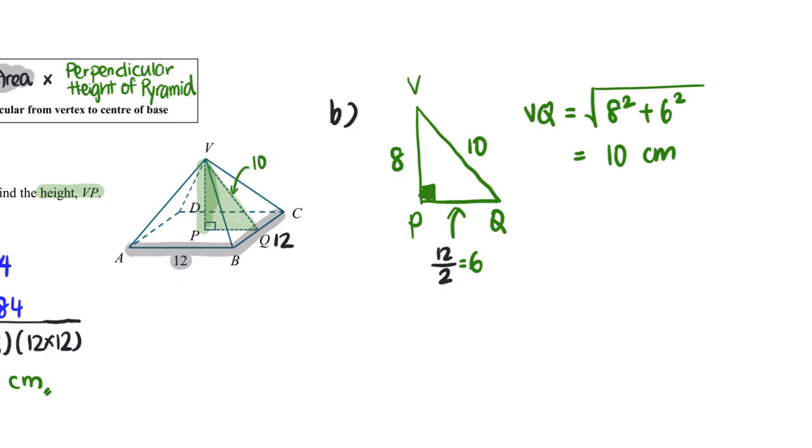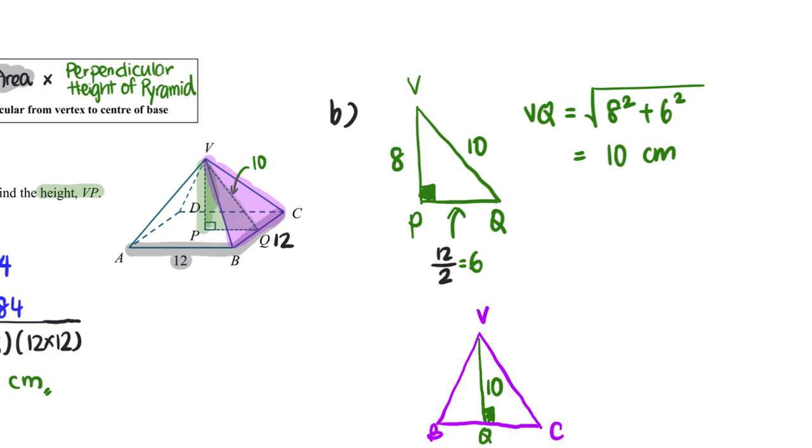Now I wish to draw your attention to this purple color triangle, which I'm going to draw out as well. V, B, C. Because from here, I will have gotten this 10, which is the right angle here.